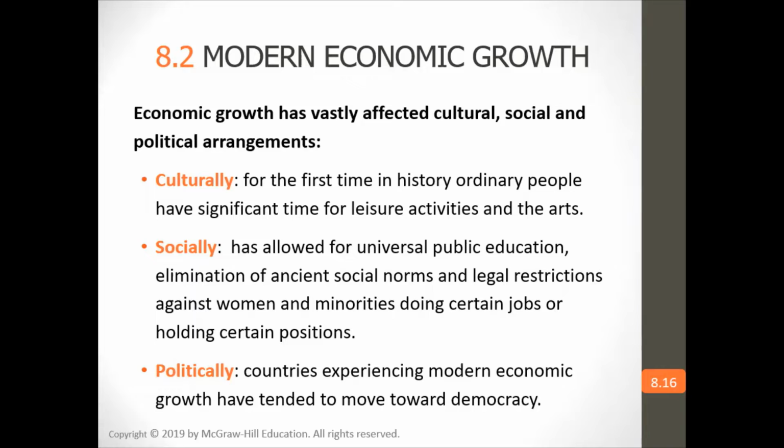They're given a lot more rights now compared to the 60s, and all the economic growth has contributed to a lot of equality. Politically, when a lot of economic growth happens, there's more democracy. As the economy grows, there's more democracy.